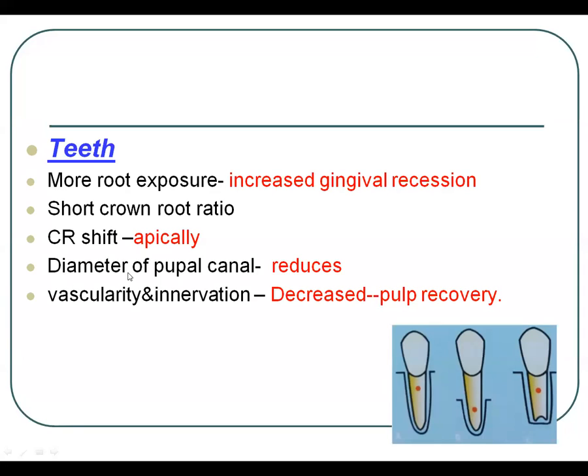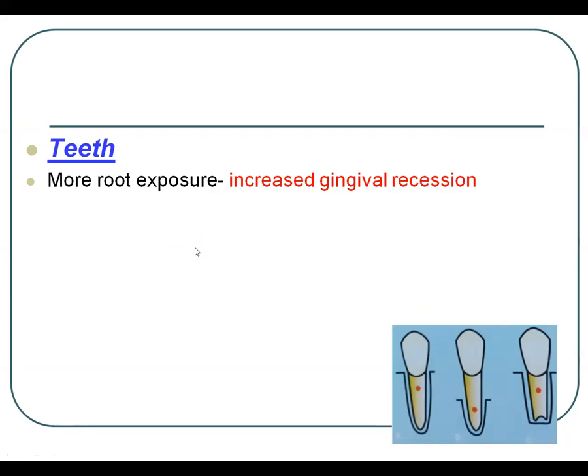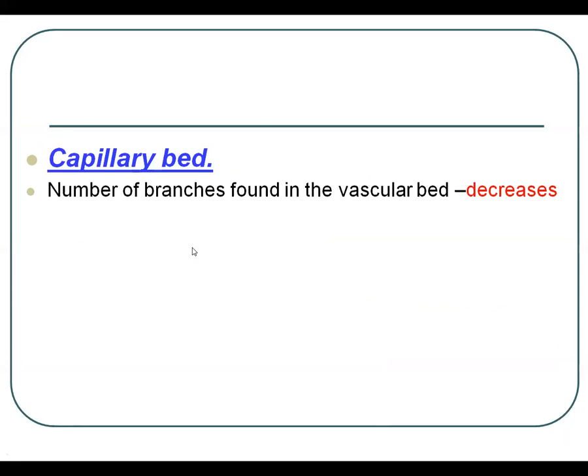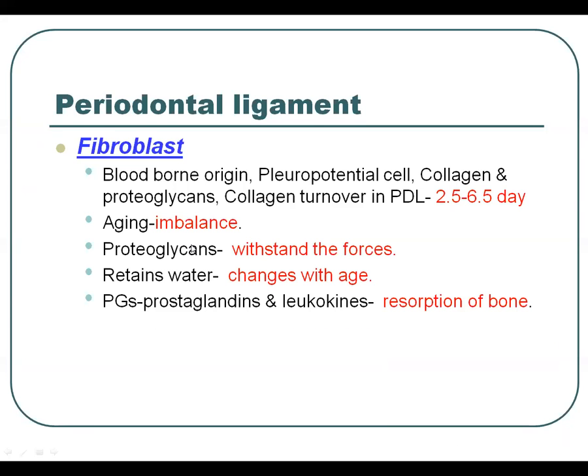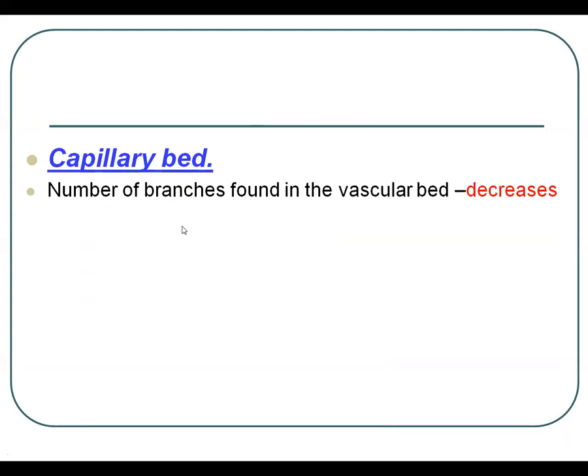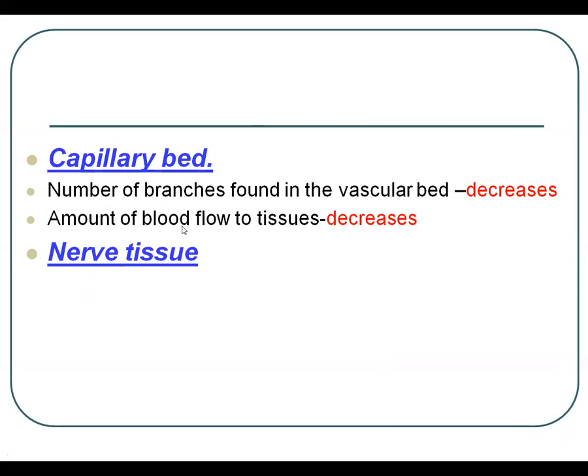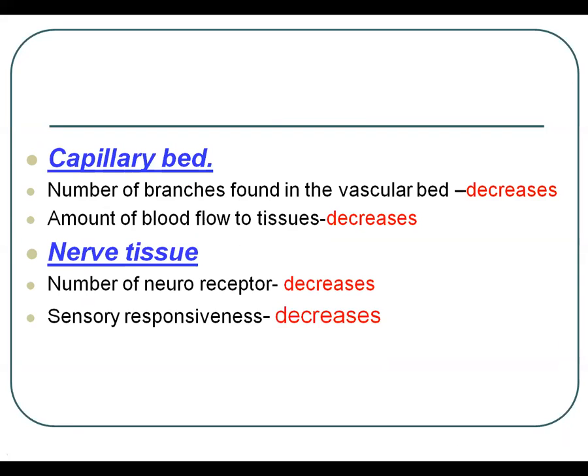Even the diameter of the pulpal canal reduces as age advances. Vascularity and innervation, that is the nerve supply, also decrease, and there will be reduced pulp recovery. So these are the things you can see in adults. In the periodontal ligament there is less reorganization of fibroblasts, less blood supply, and less nerve supply.